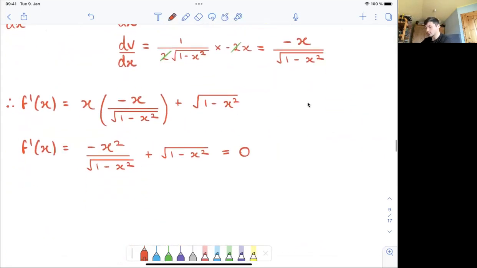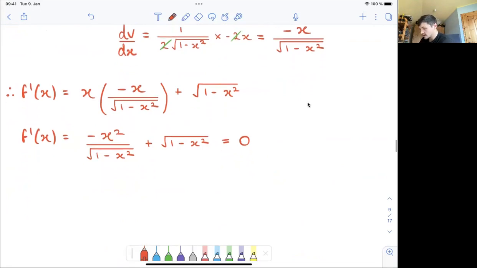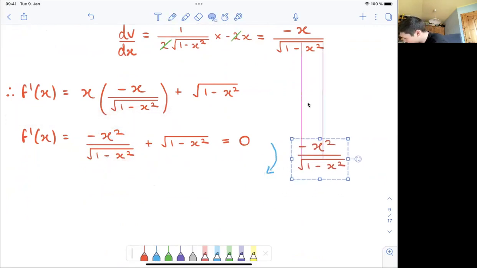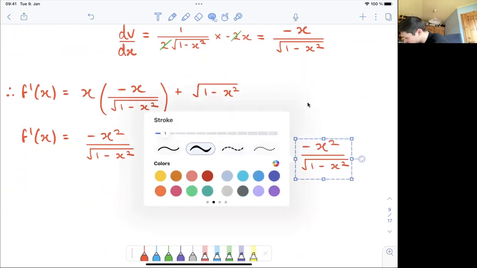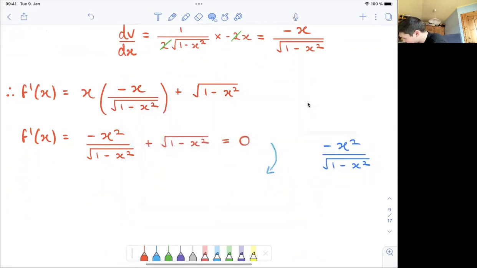From here, we can add the x squared term to both sides.